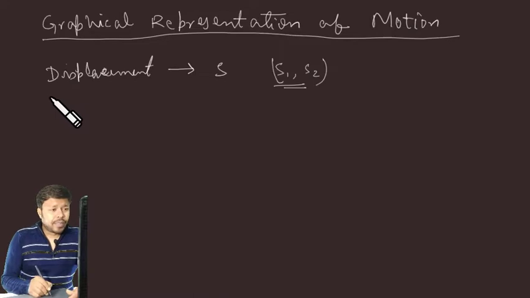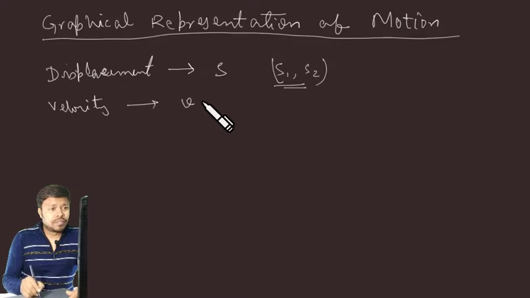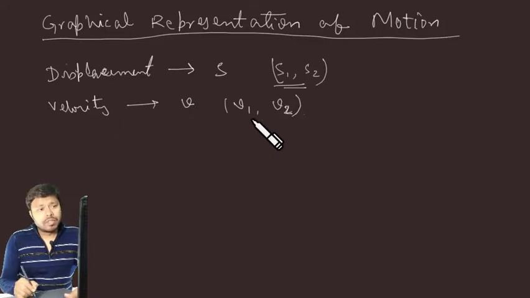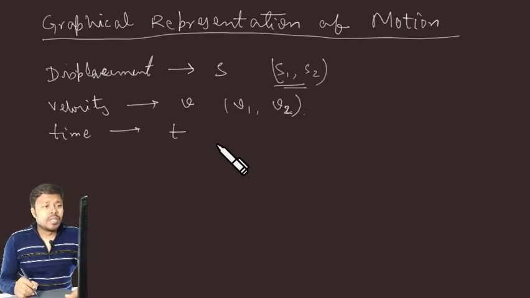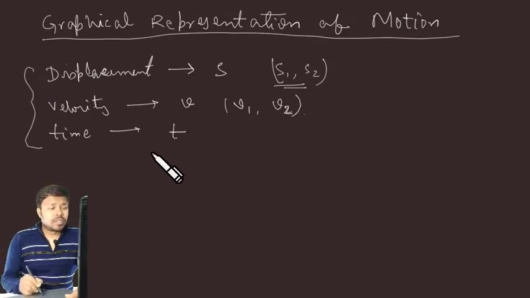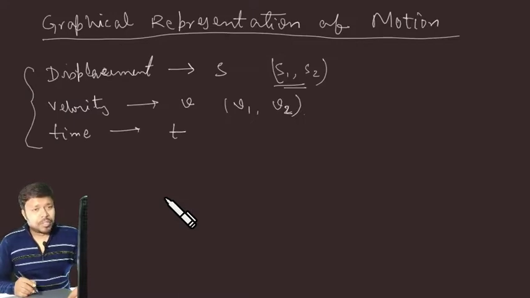And then velocity, which is represented as V, and V1 for initial velocity, V2 for final velocity of a body, and then of course the time as T. So these three variables are to be used for the graphical representation of motion.